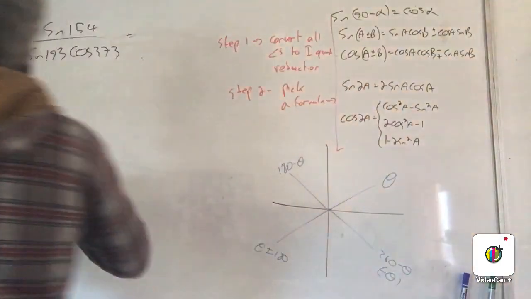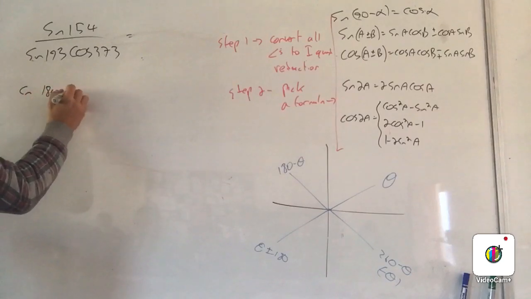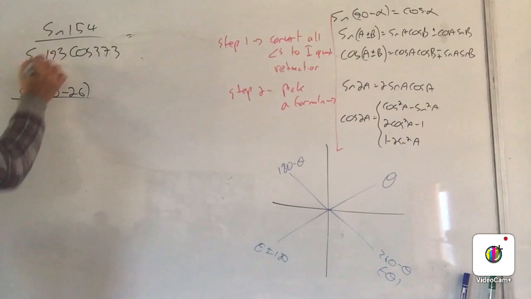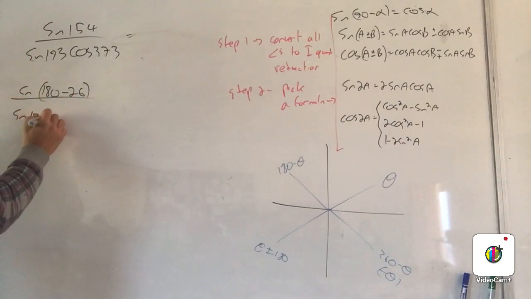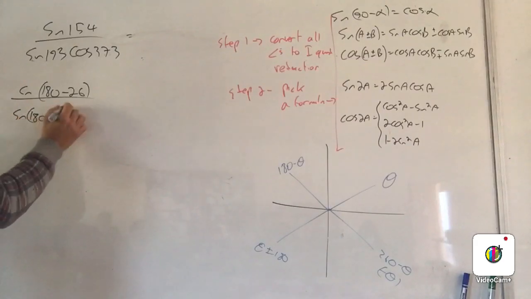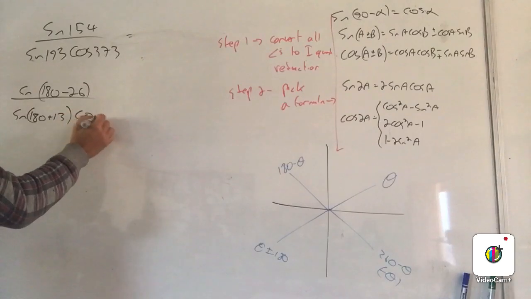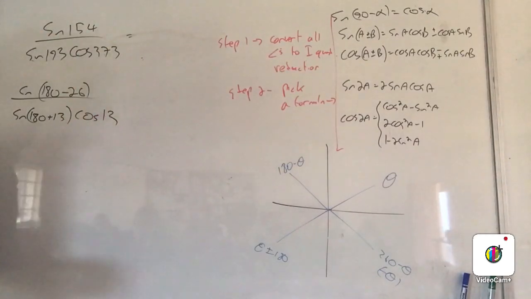Okay, so let's do it. Sine 154 is basically sine 180 minus 26. And sine 193, it's in the third quadrant, so it's going to be sine 180 plus 13. Cos 373, I can just subtract, so it's cos 13 straight away.